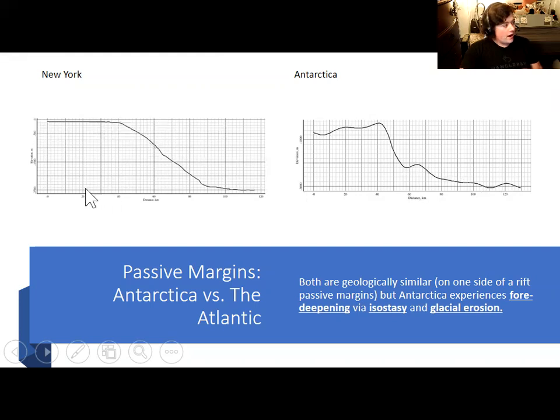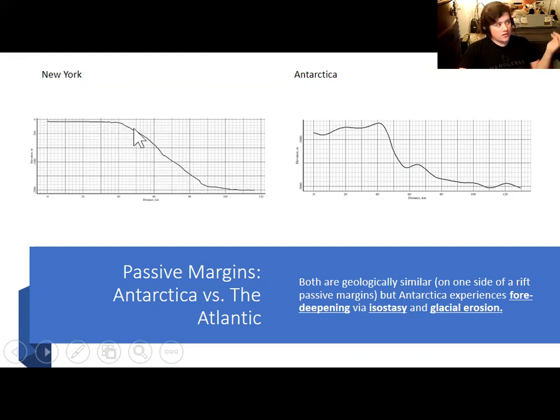And in a place like New York, which is along the eastern seaboard of the US, and it's a passive margin, you have the continental shelf where the edge of the continent itself is flooded by the ocean. And then you have this continental slope, which is the transition from continental crust to oceanic crust, and it's largely made of sediments that have piled up over time.